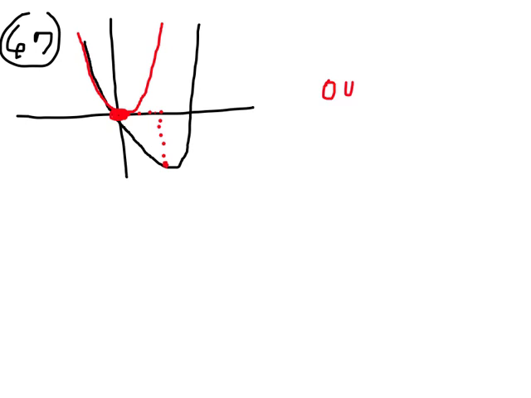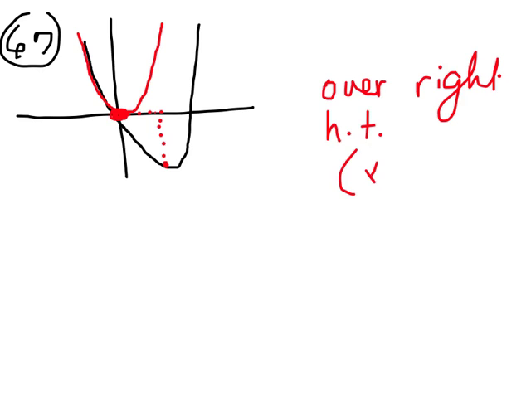So it's over right. That's a horizontal translation. And that means that inside, where the x is, there's going to be a minus there, because if it goes right, you'd think it'd be a plus, but the subtraction sign always makes it the opposite of what it looked. And then it went down some.